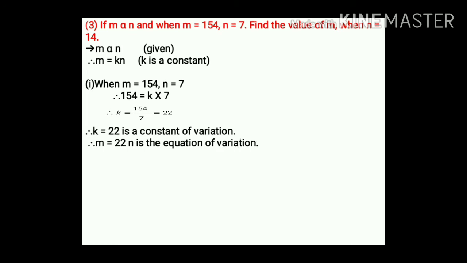Now, in the second condition children, M value is not given but N value is given. We have to find out M value. When M equal to question mark, N equal to 14, we have to use the same formula children here also. Therefore, M equal to KN, in the bracket K is the constant.